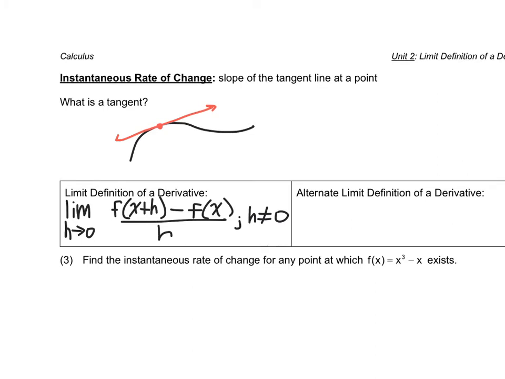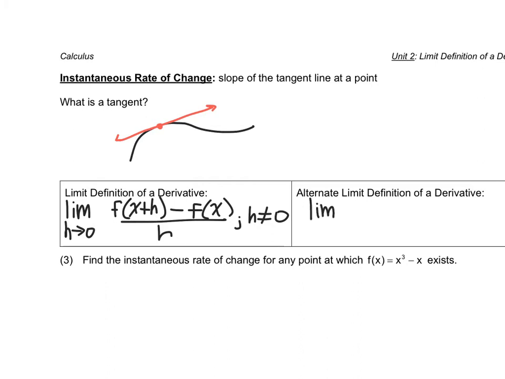The alternate definition. So basically the pre-calc definition, the difference quotient that we had on the previous page, but now we're applying a limit as horizontal distance shrinks down to 0 between the 2 points.